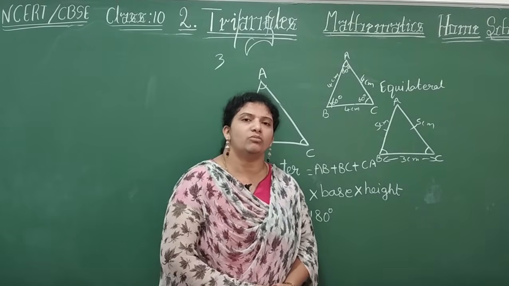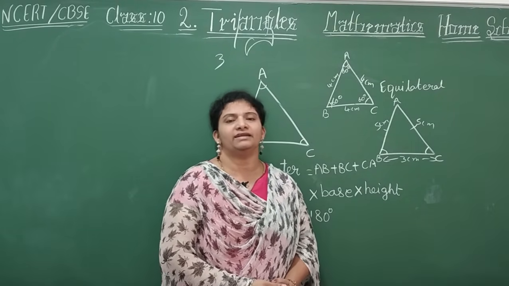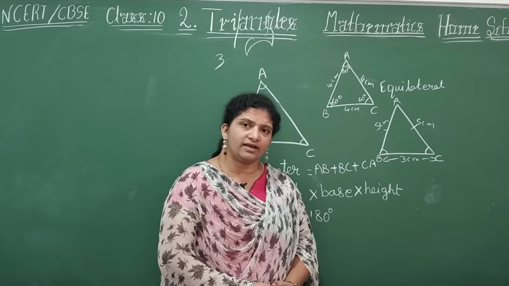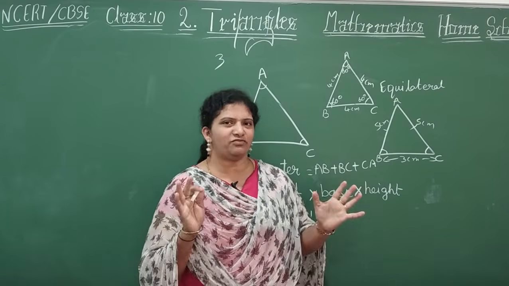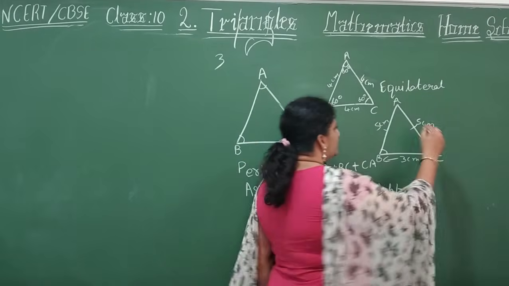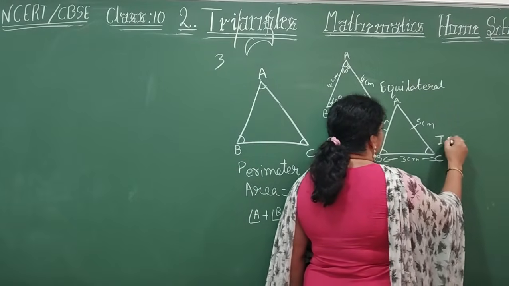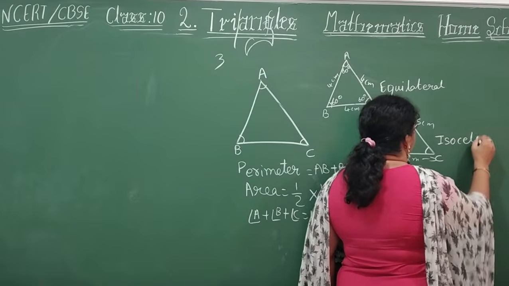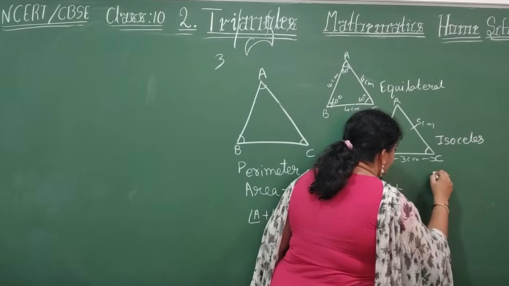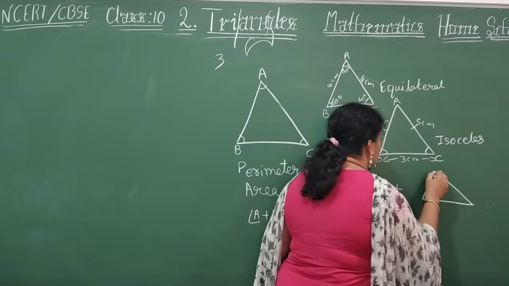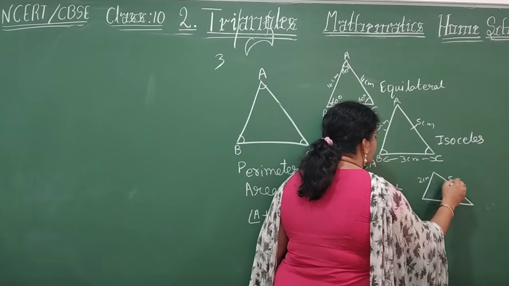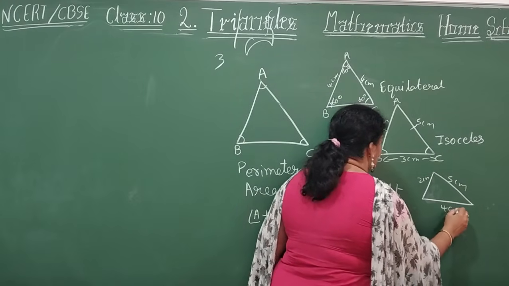Next, coming to one more triangle, that is the scalene triangle. What is a scalene triangle, children? Three sides are different. So let's take here. This is the isosceles triangle. Next, coming to scalene. So 2 centimeters, 5 centimeters, 4 centimeters.